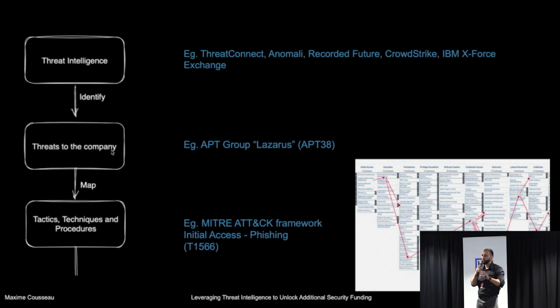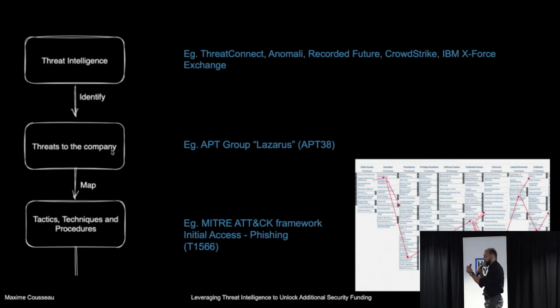To be able to do that, for example, you can use the sector the company is operating in. For this example today, I'll be using a fintech company in Australia. So geographic location is also something you can use.